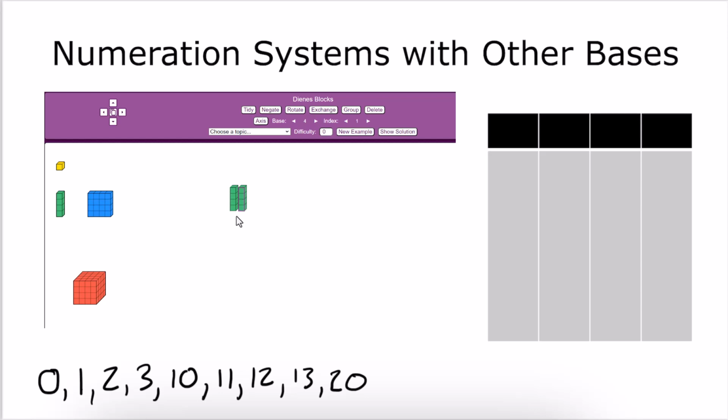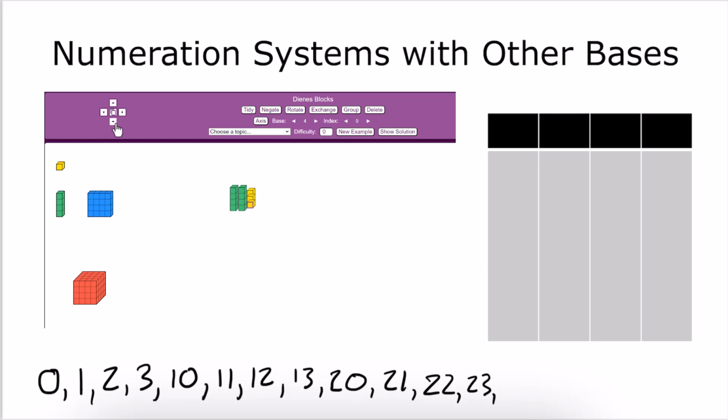But the way that we're expressing it in this numeration system is 2, 0 because we have 2 of the second place value. And then if we keep on counting, here we've got one more here. So that amount would be expressed as 2, 1. If we count on one more, that would be 2, 2 and 2, 3.